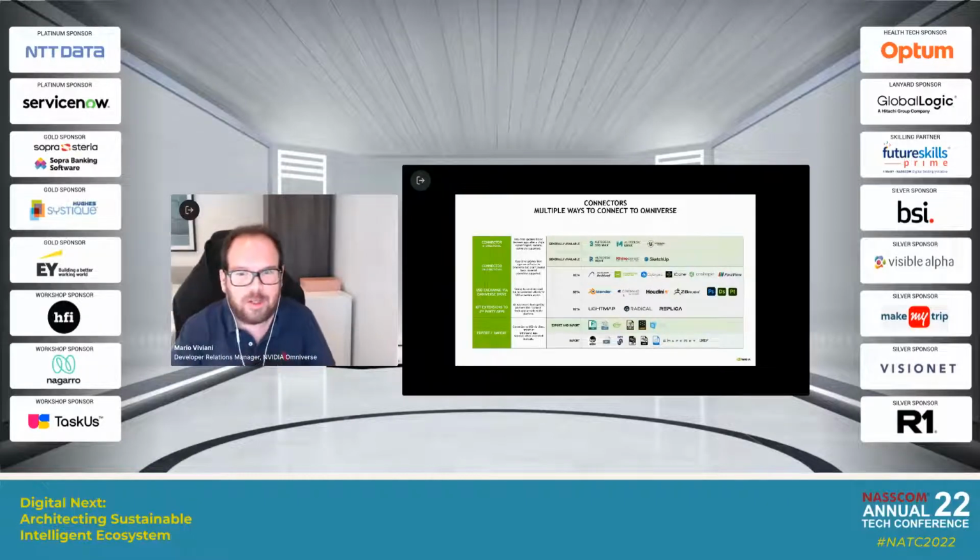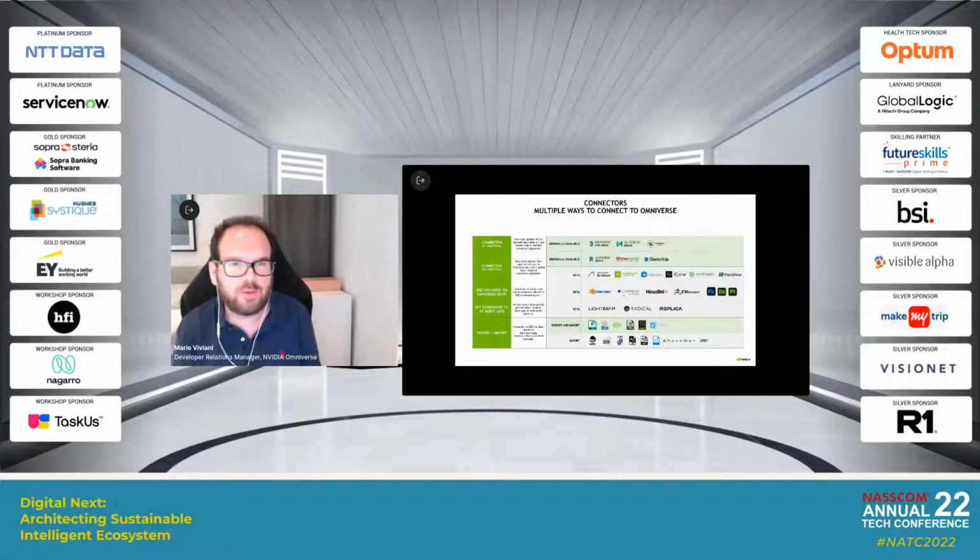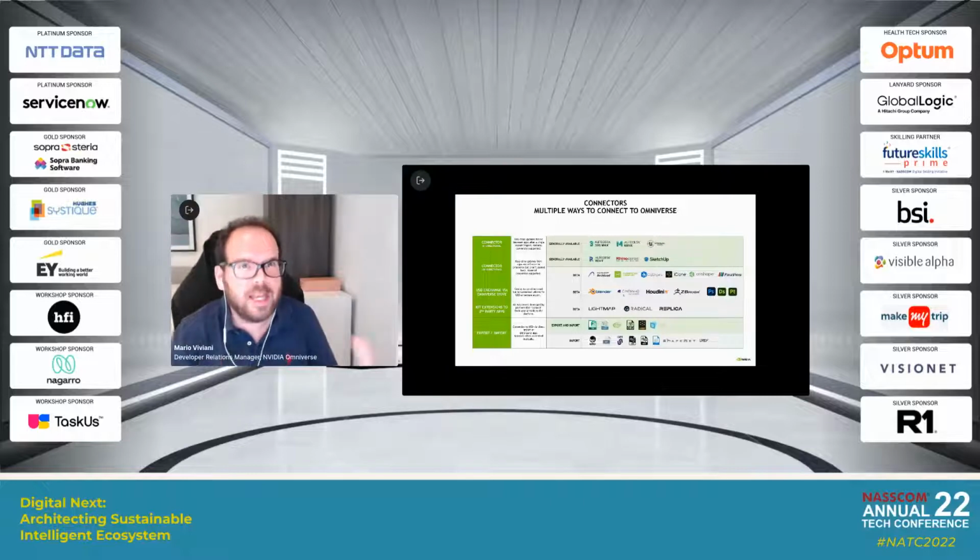As we were talking about virtual worlds, as you can imagine, there is a massive need for creative tools to build these virtual worlds. And you, as a creator, are going to probably use a lot of different tools. And you might want to connect all these tools to your virtual worlds. So in Omniverse, we call these things connectors. Connectors allow for multiple ways to connect to Omniverse.